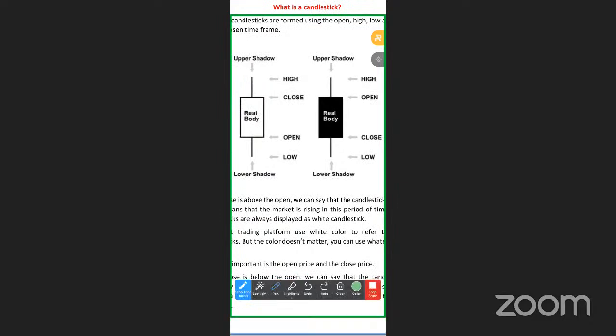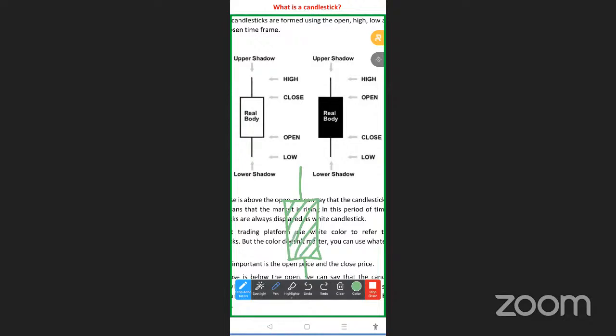Now, like your screen shows, if this is a green candle, it has what we call the body, which is what I'm shading.